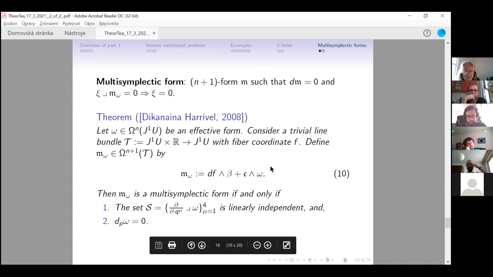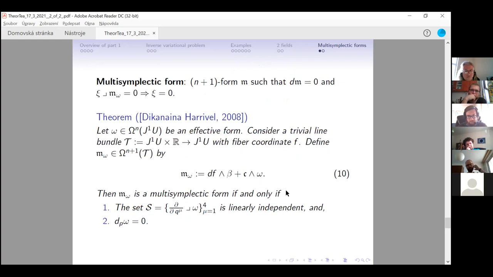Okay, so I will end here. What we can do is define a multisymplectic form, but take this part lightly. I thought it would be more interesting, but the only thing I managed to do so far is to construct the multisymplectic form for given equations.